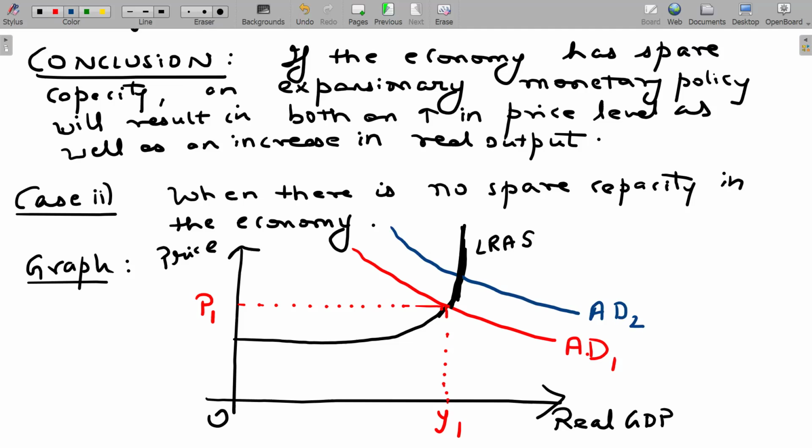Only the price level increases from P1 to P2. There is only an increase in the price from the initial price P1 to the new price P2. I can draw this more clearly. My long run aggregate supply curve is vertical here. This is my long run aggregate supply.